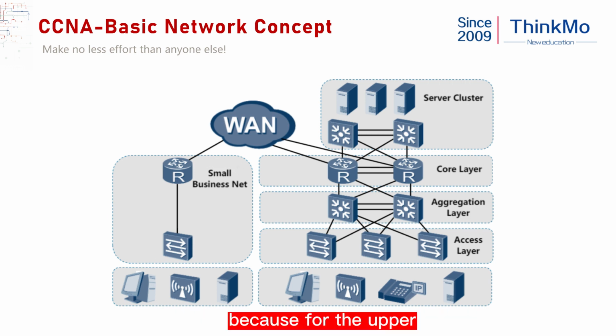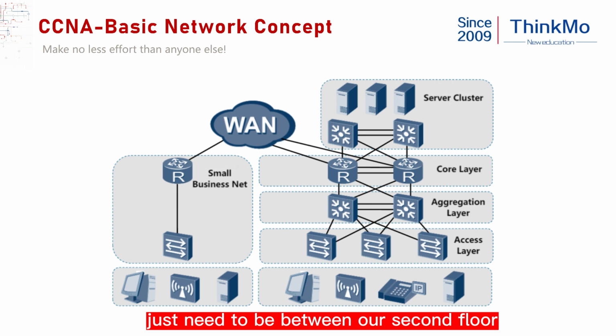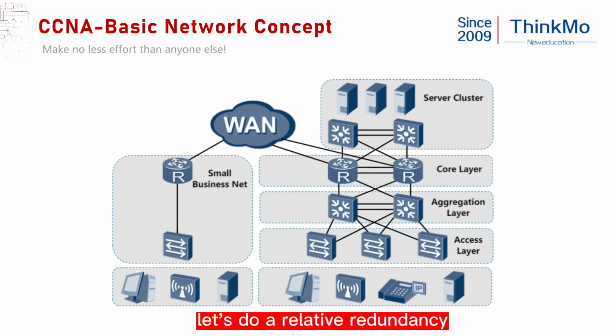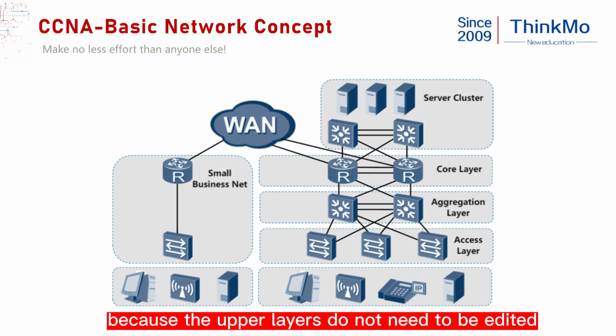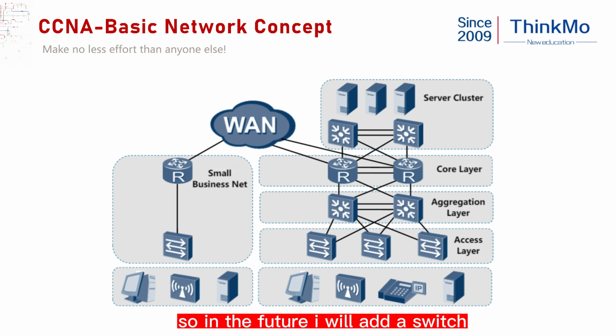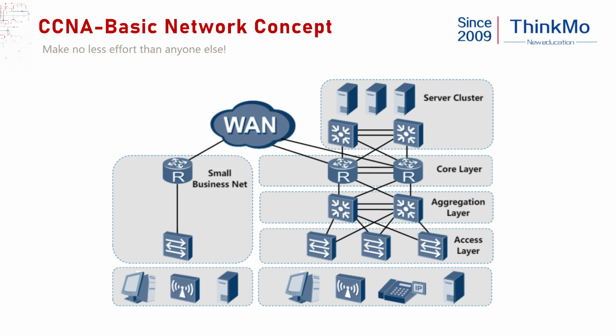Because the upper layers are all planned, I'm coming in now and just need to do a relative redundancy between our second floor, because the upper layers do not need to be edited. So in the future I will add a switch, with more data. In other words, the access of our terminals is very easy to extend.